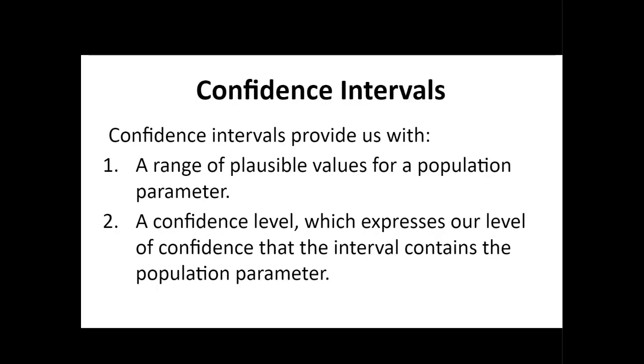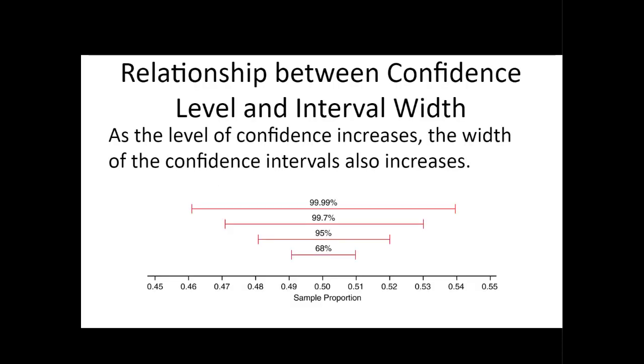The confidence level, be it 85%, 99%, 95%, 99.9%, expresses how confident we are that the true population proportion exists within that range. How can we be so confident? Well, the wider the interval width, the more confident we are.